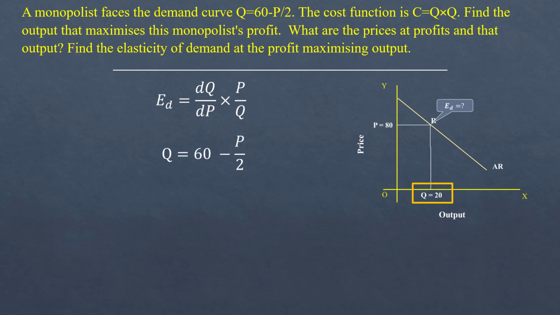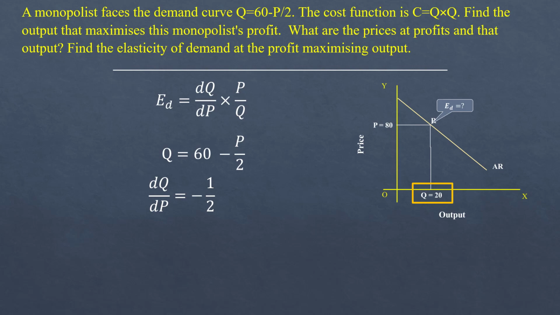Q equal to 60 minus 2 over P. To find dQ by dP, differentiate it with respect to P. You get dQ by dP equal to minus 2 over 1.